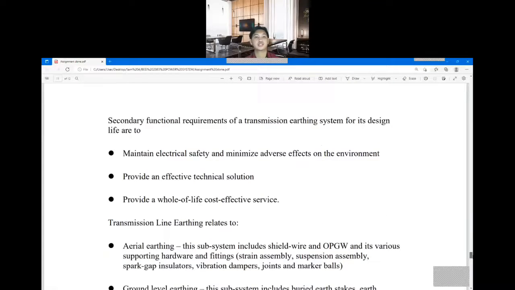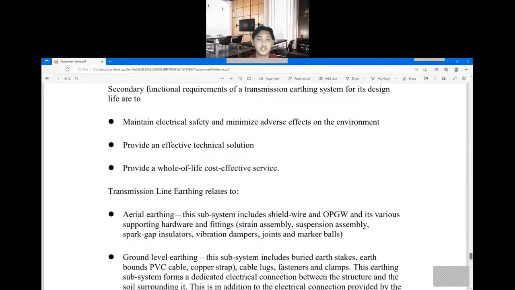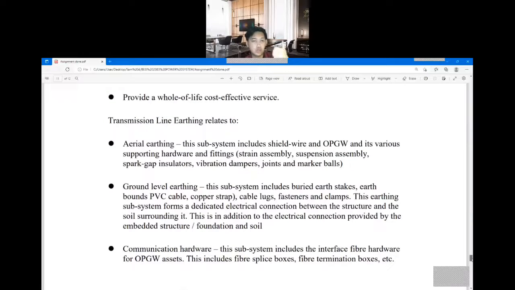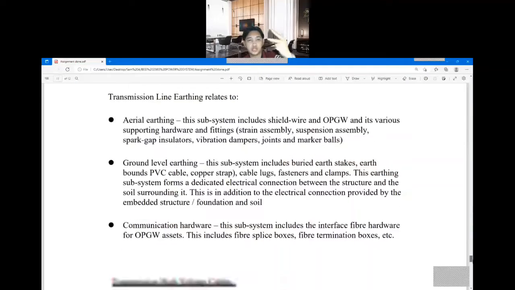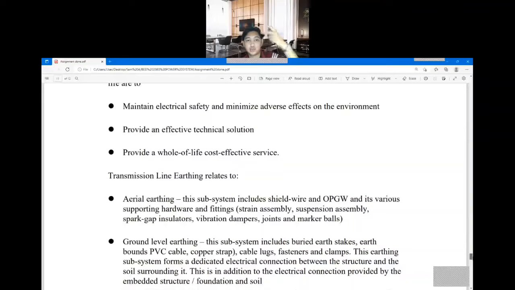Next, the secondary functions of the requirement for the transmission system design are to maintain electrical safety, minimize adverse effect on environment, and provide an effective technical solution. And the third is, again, to provide a whole of life cost-effective service. Transmission line earthing relates to aerial earthing, ground level earthing, and communication hardware. So it relates to three things.